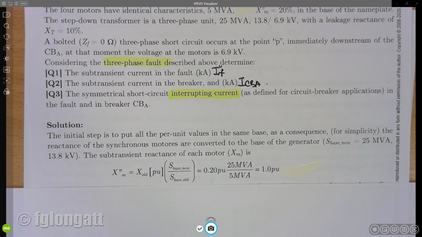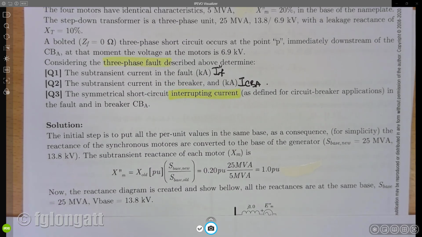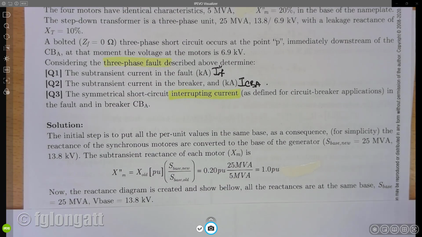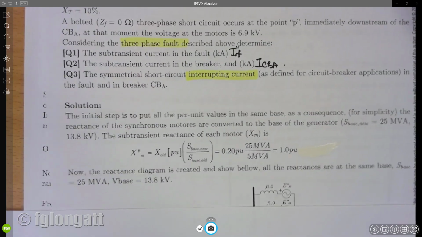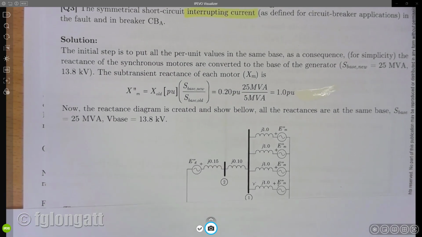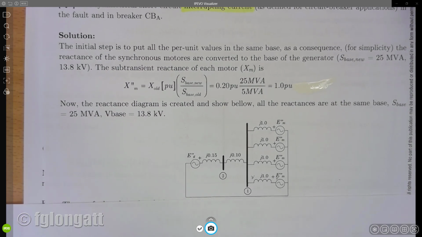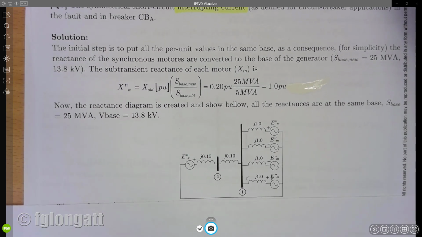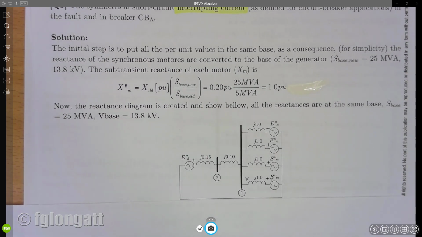Okay. What is the next step? Now what we want to do is create the reactance diagram. Over there you can see that we create the diagram showing the reactance.